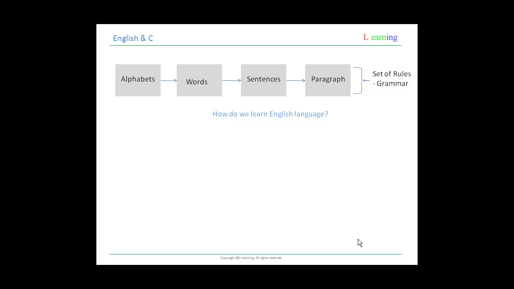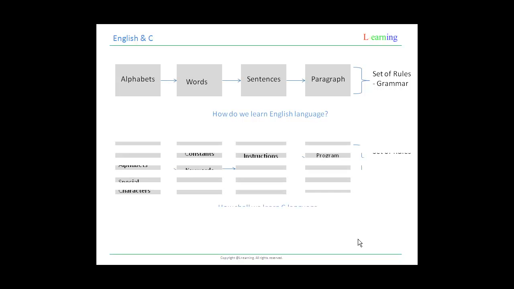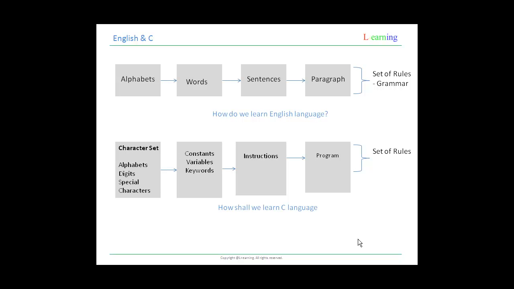So C being a language, there must be an analogy between learning C and learning English. Yes, there is some analogy we can make. If you want to learn C, you need to first understand the character set which C allows, which consists of alphabets like A to Z in small and uppercase, digits, and some special characters.